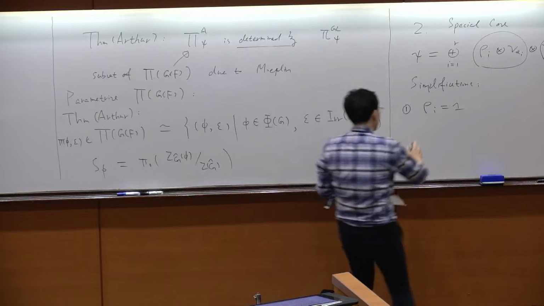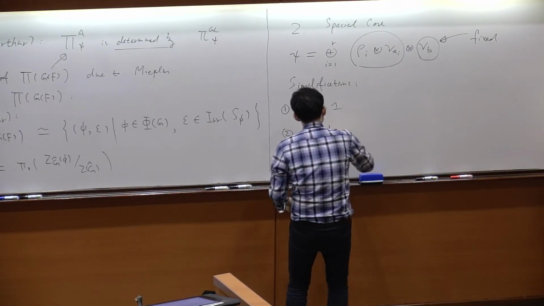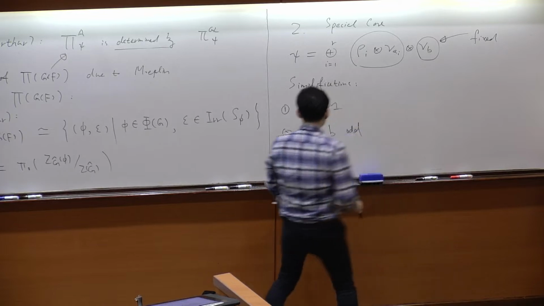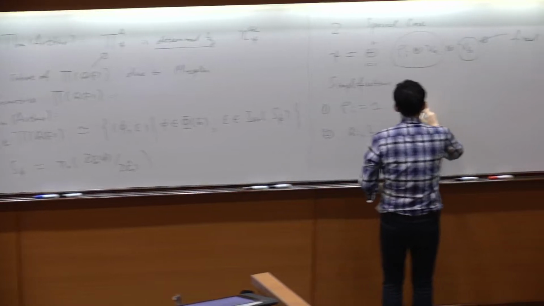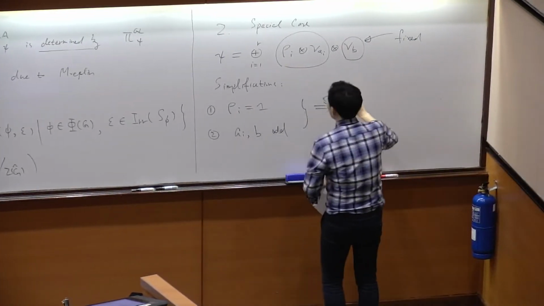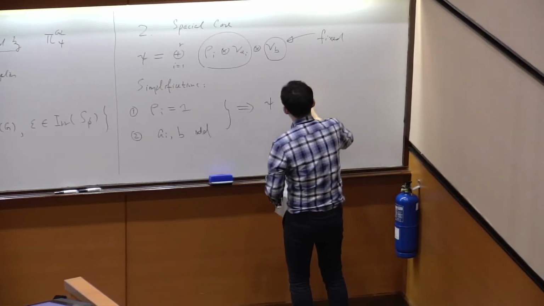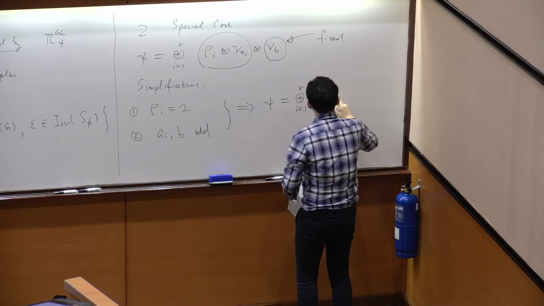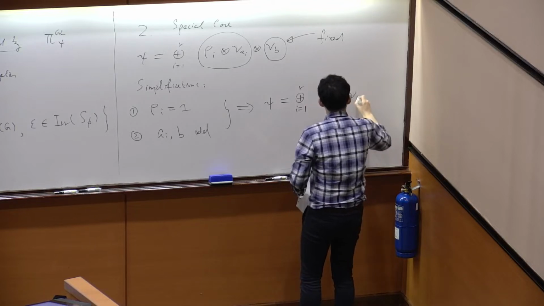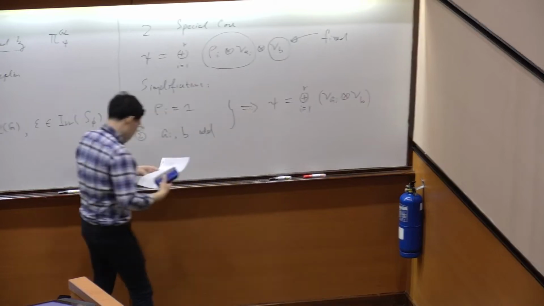And secondly, I'll take these AI and B to be all integers. So after these 2 simplifications, we can rewrite this parameter, and now we can just forget this rho. So you will just have this new AI tensor nu B. And that will be our parameter.